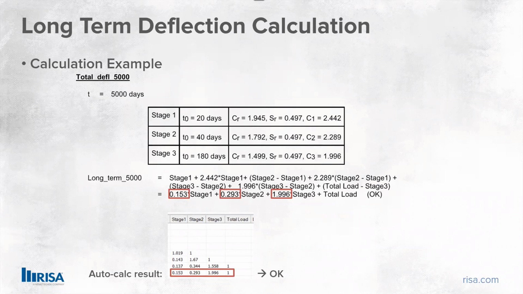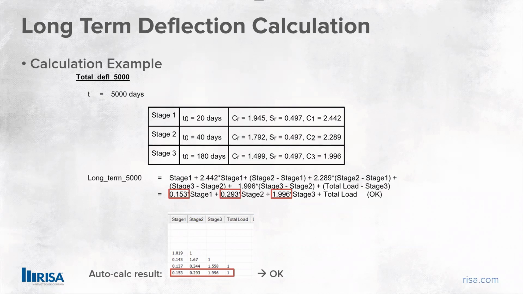So stage 2 minus stage 1 will be my immediate deflection, plus, similar idea, 2.289, which will be my C2 factor, times the additional load being applied at this stage, stage 2 minus stage 1. Using the similar idea, I can do my stage 3 minus stage 2 times C3 factor times this term, plus the total load minus the stage 3.